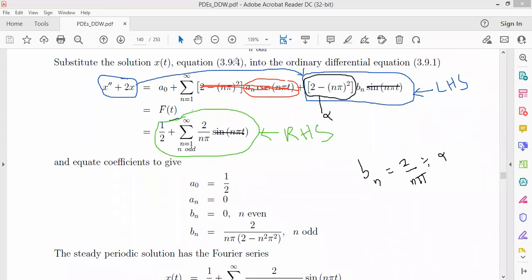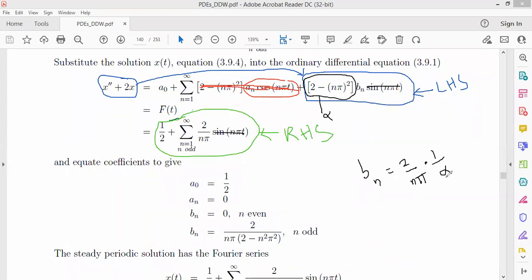Now I don't want people to get confused. If that is the implication, it would mean that instead of divided by alpha, it now becomes times 1 over alpha. But remember, the alpha is the 2 minus n pi, the whole thing squared, which is this term here.